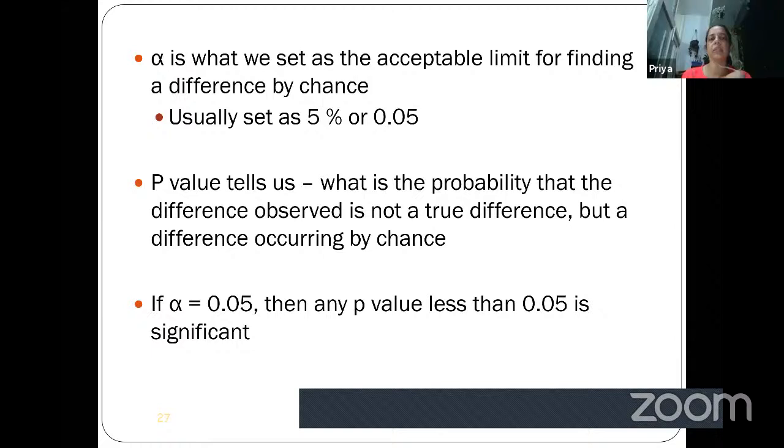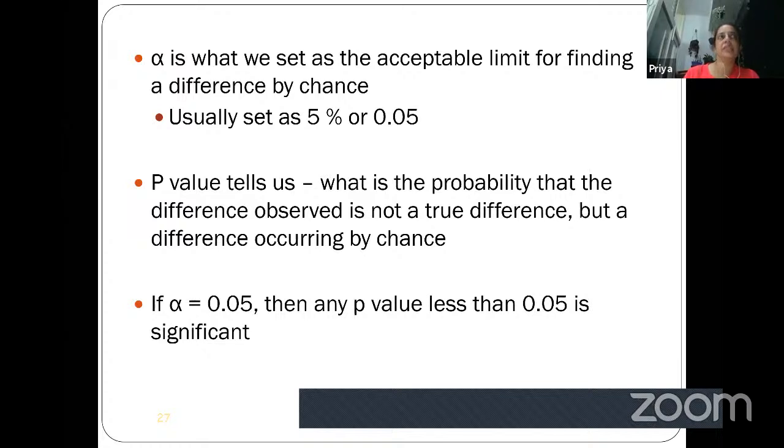So remember we spoke about type 1 error, which is what we set at the beginning of the study as the acceptable limit for finding a difference by chance. This is the maximum difference by chance that I will tolerate. It's usually set at 5% or 0.05.